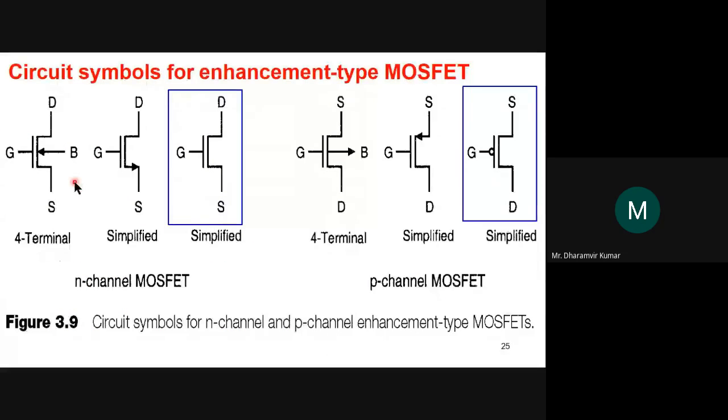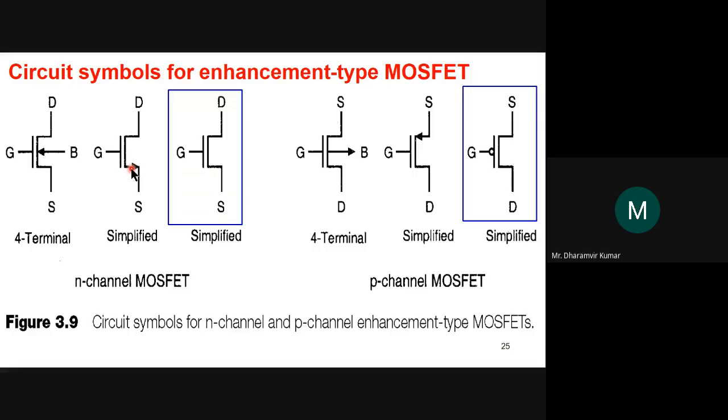To make it simple, many times you will see that this particular symbol would be dropped and this symbol would be used, where the arrow comes out on the source terminal. The arrow will always be drawn on the source terminal. Remember this point, like in the case of BJT, the arrow was present only on the emitter terminal.